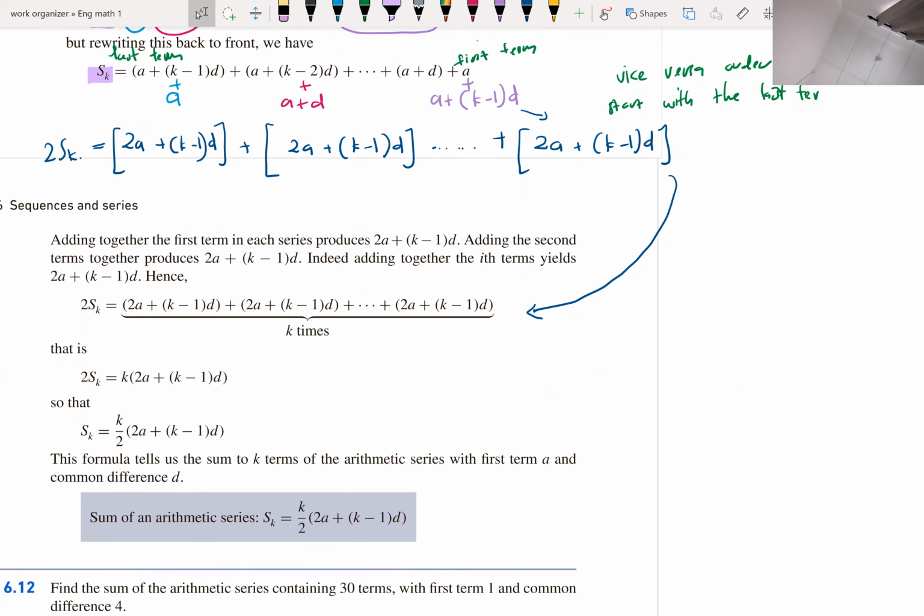In this example 6.12, find the sum of arithmetic series containing 30 terms, with first term 1 and common difference 4. So the keyword here is sum of arithmetic series, and then 30 terms.